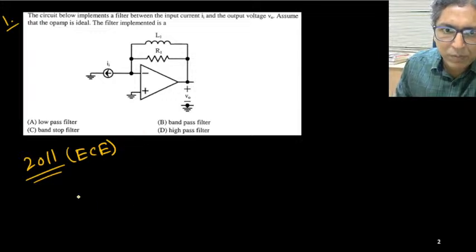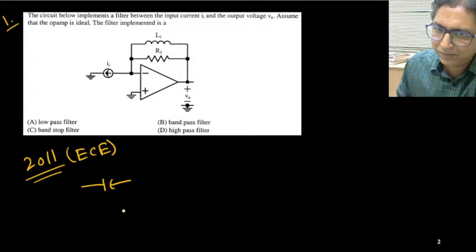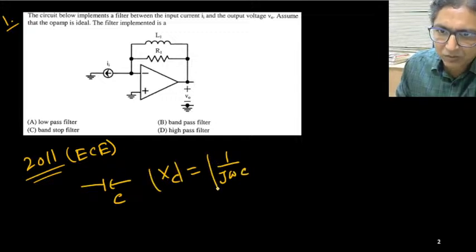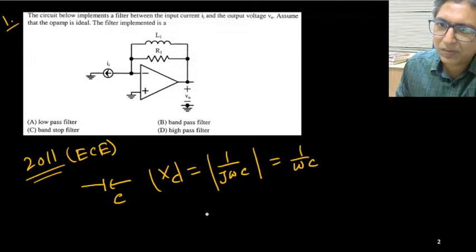Whenever you have one energy storing element like capacitor, its reactance you understand. If its capacitance is C, its reactance is 1 upon omega C, or 1 upon j omega C. That magnitude part I can consider. So it is 1 upon omega C. You can see that when omega is very large, this 1 upon omega C will be very small.